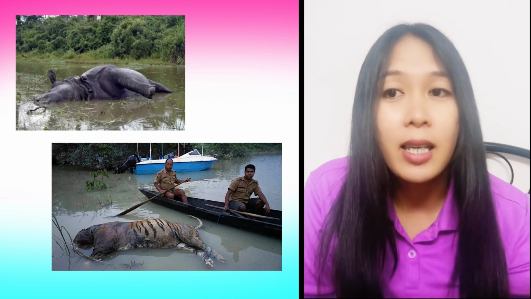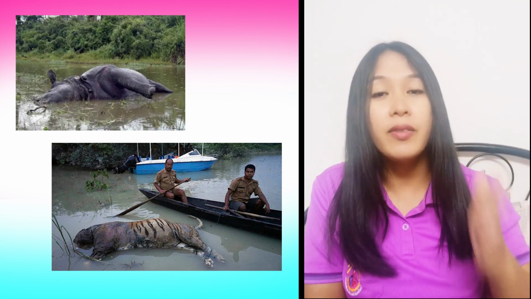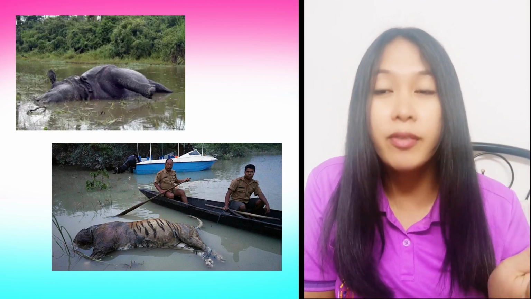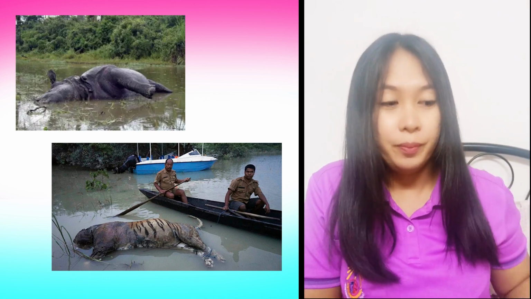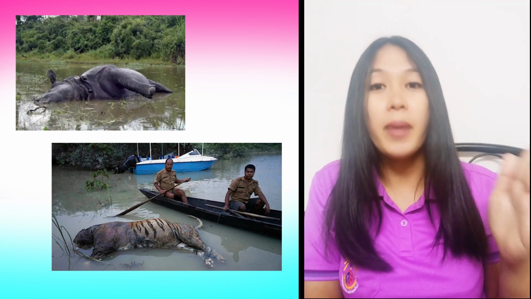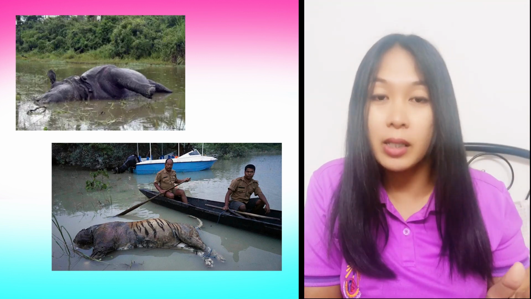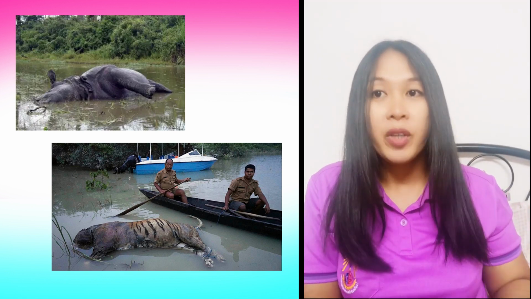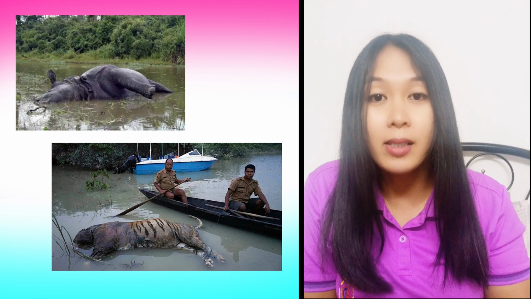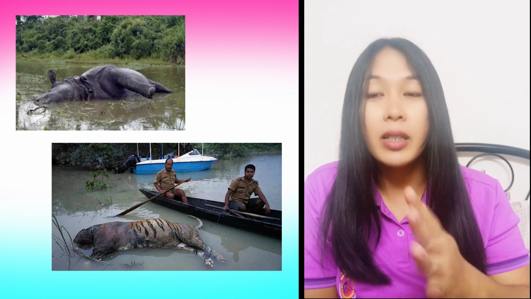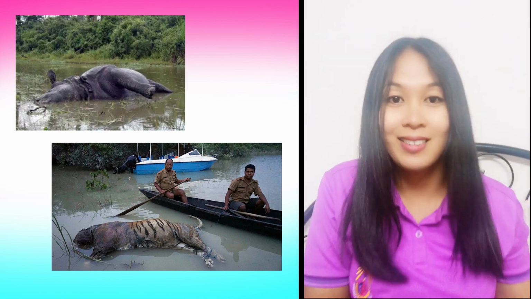This basically kills a lot of the living things that are not adapted to live in the water. They drown and die because of this. So too much water is also not good. This kills both plants and animals which are not adapted for this kind of environment.